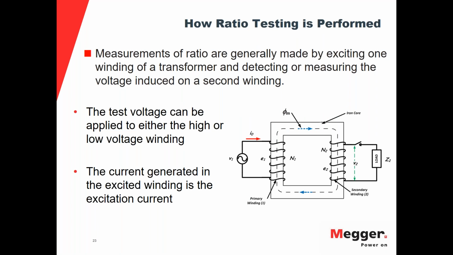The primary could be high voltage or low voltage, and your secondary could be low voltage or high voltage, depending on your configuration, step up transformer or step down transformer, whichever way you're feeding it. But for this presentation, if I say primary, I'm referring to the high voltage side, and I'll reiterate that as we go. So again, we're applying voltage to the high voltage side and measuring it on the low voltage side, and the excitation current is what is generated when we do this test.